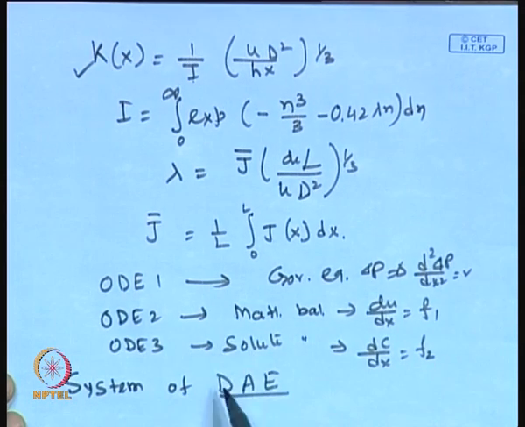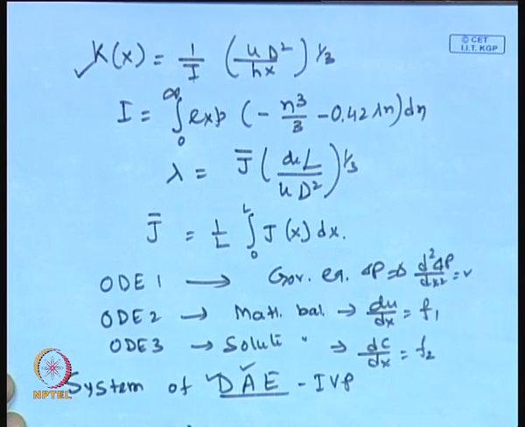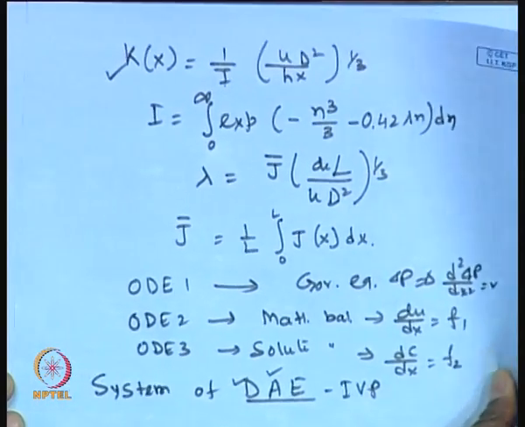You have three differential equations and one algebraic equation coupled. You have to solve this system of DAE IVP, and you will generate the profile of delta p, u, c, Cm, and j as a function of x.